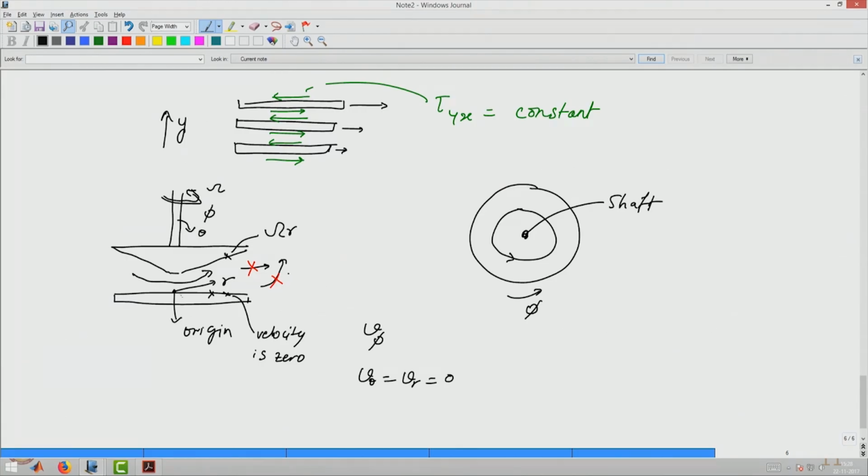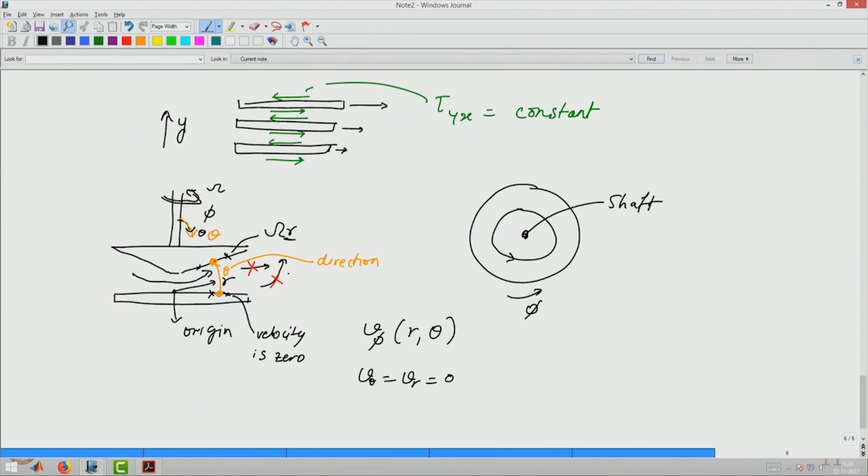And so, we can see that as you travel in theta, this is the direction of theta, clearly velocity goes from 0 at one point to omega r at another point. So, V phi will be certainly a function of theta. Similarly, when we go at different r's, the velocity keeps on changing. So, V phi therefore will be a function of r and theta.